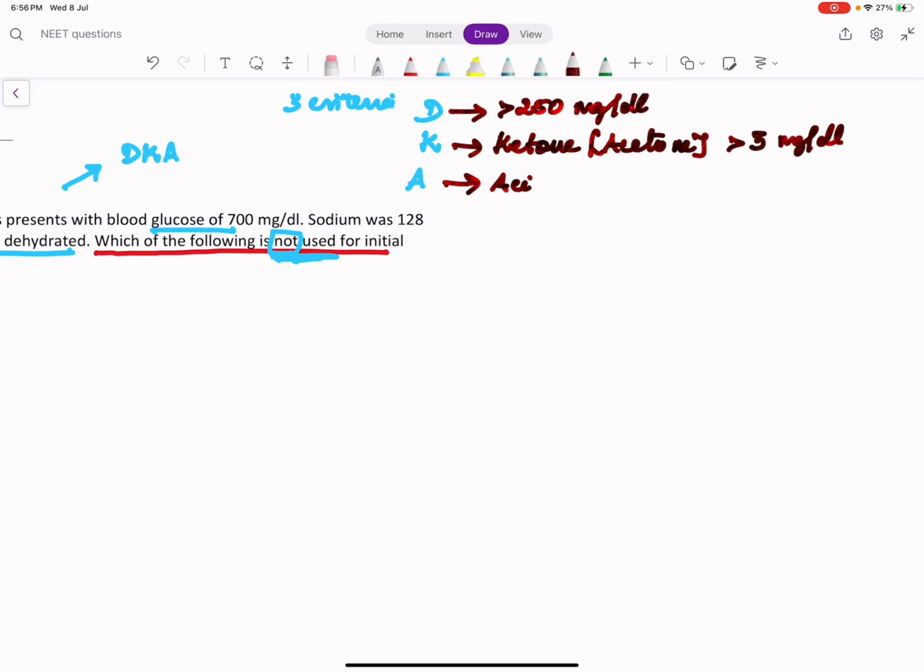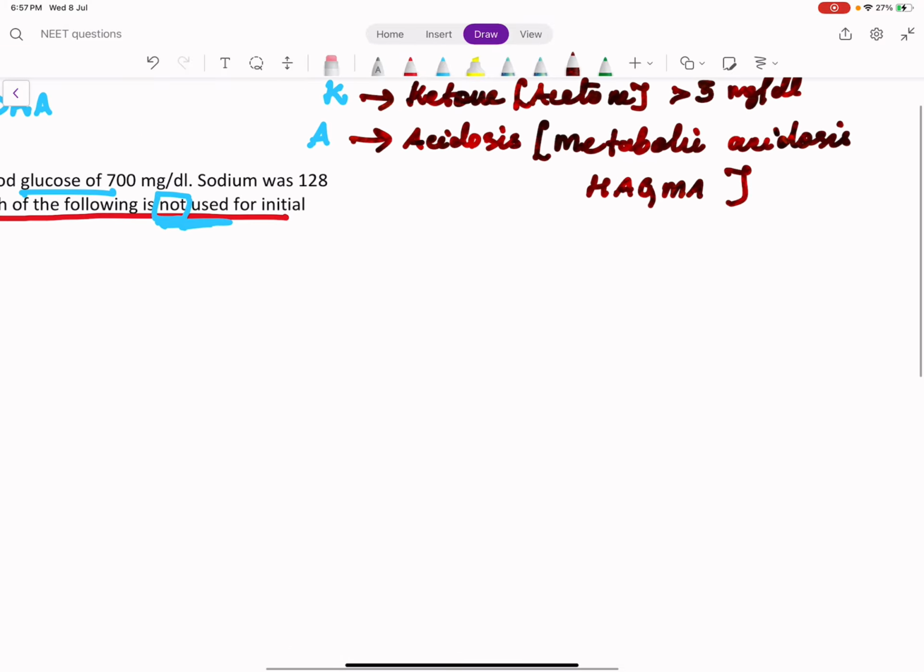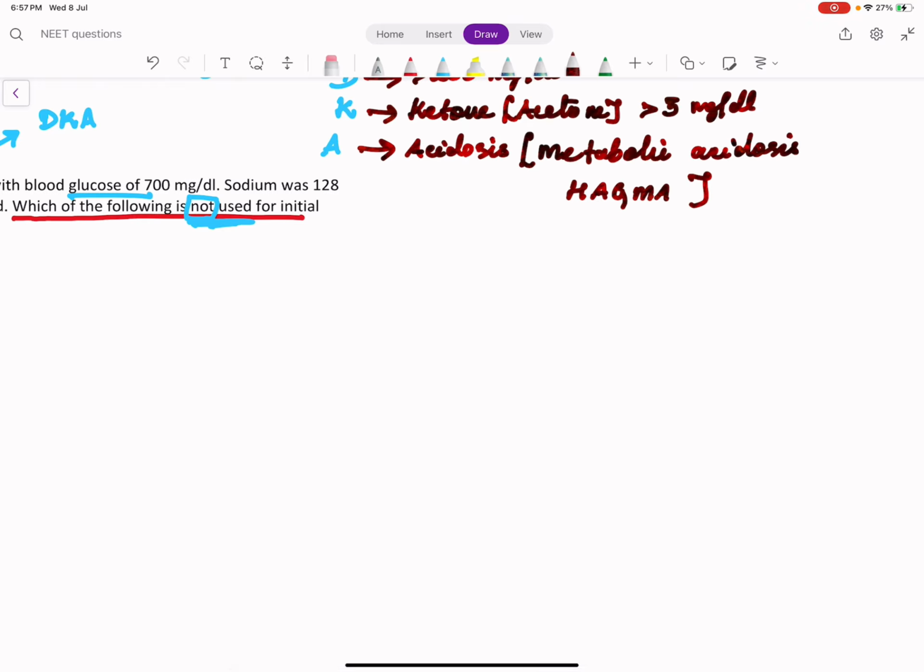It may not be important, but just remember the value if you are able to. Next is acidosis. DKA is one cause of metabolic acidosis. What type of metabolic acidosis? It is high anion gap metabolic acidosis. In NEET 2025, some 3 questions had come on acid-base balance alone. When do you say acidosis?